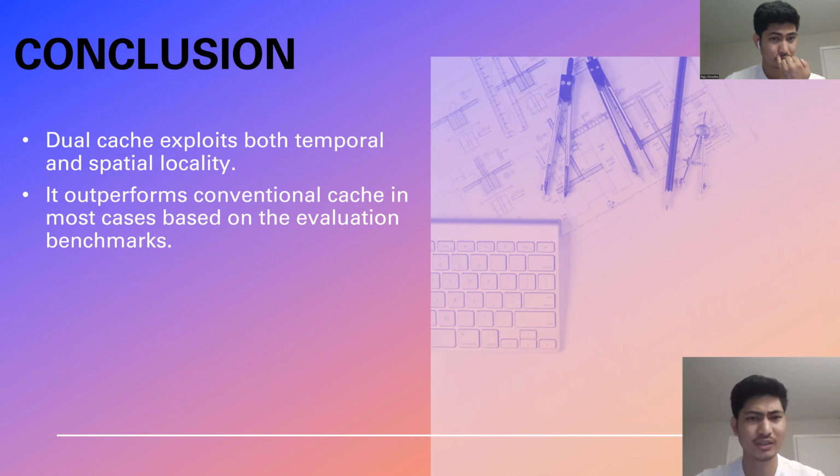Dual data cache is also a scheme that decides in which subcache a reference is placed. At the end, it outperforms conventional cache in most cases, based on the evaluation benchmarks.